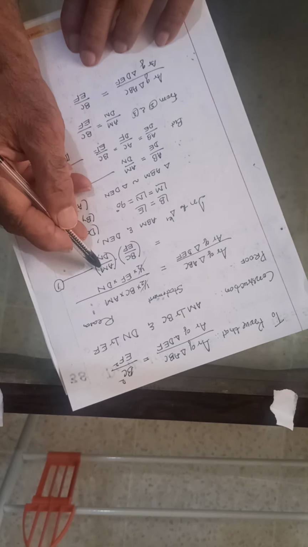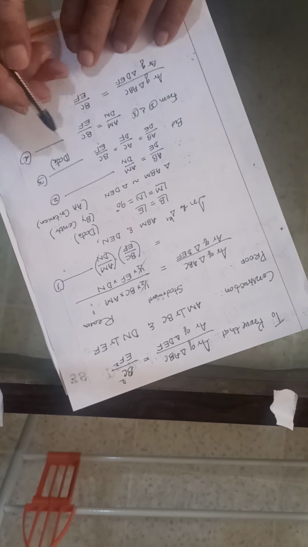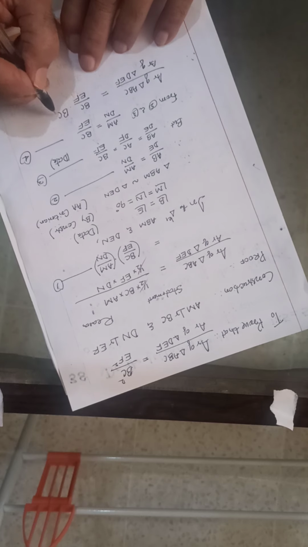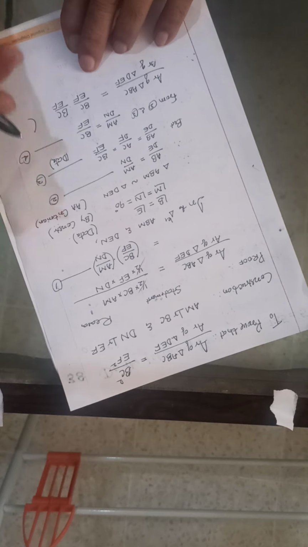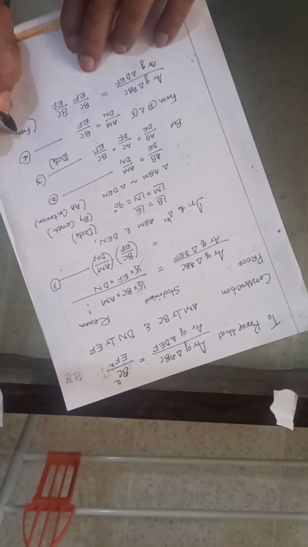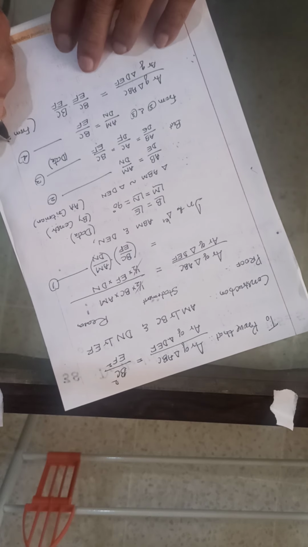Here AM over DN is equal to BC over EF, so again you write BC over EF, from 2 and 3, or you can write from 4.